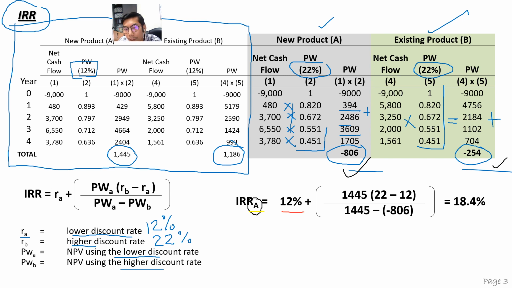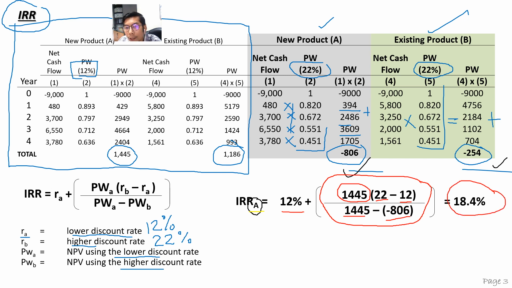Okay, PWA 1445. Okay, RB minus RA, higher discount rate 22 minus lower discount rate 12. Okay, PWA 1445. PWB NPV using higher discount rate, which is negative 806. Okay, you solve in this column, in this bracket, selesaikan, straightaway you plus with 12%, you get 18.4%.